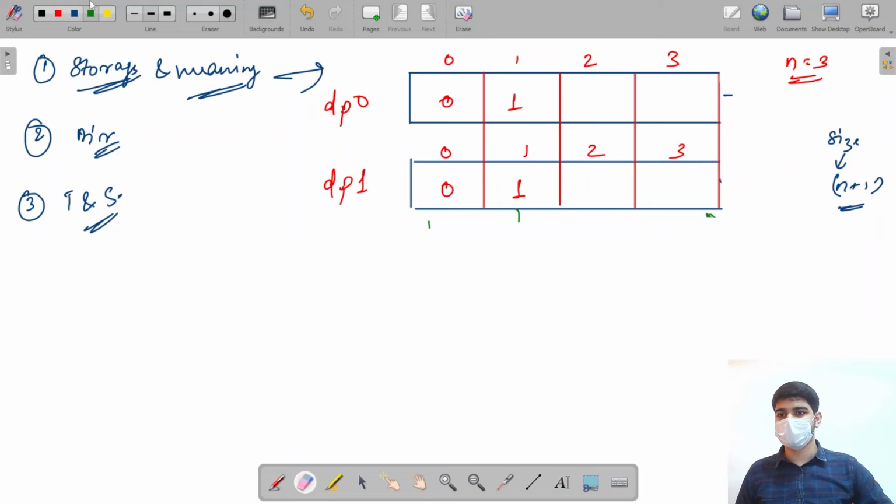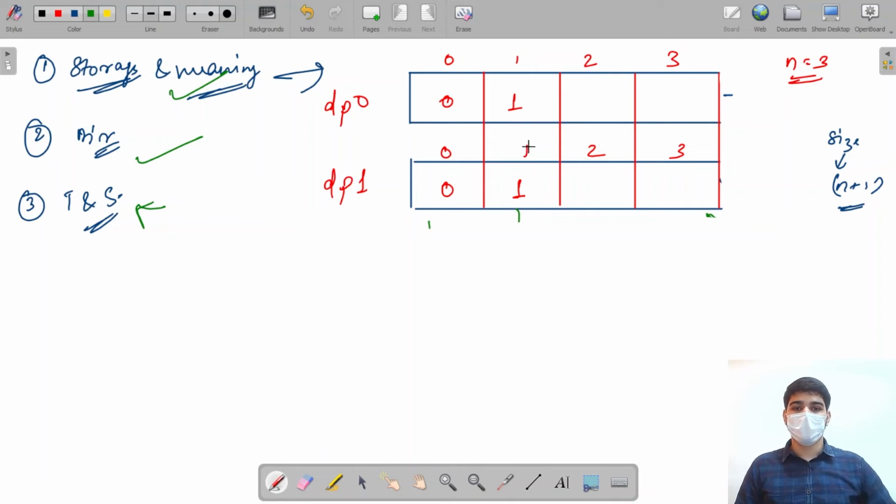Up till now, what we have discussed is the storage and the meaning and the direction in which we have to solve. Now let's jump on to the third point, which is traversing and solving. Now we know that these are the base cases, right? And for DP of 0 of 2, what would be my answer? What are the number of strings that end with 0 and are of size 2, such that there are no consecutive zeros, right?